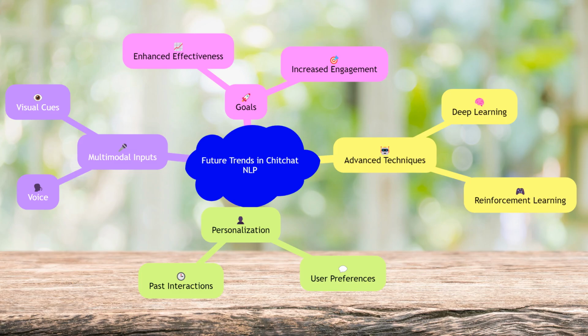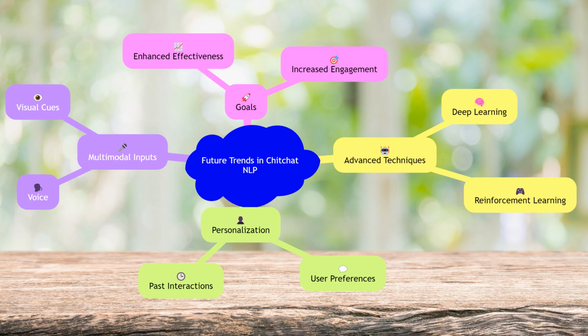The field of chit-chat in NLP is continuously evolving, with new trends and advancements emerging regularly. Future trends include the use of advanced machine learning techniques such as deep learning and reinforcement learning to create more sophisticated and human-like chit-chat responses.